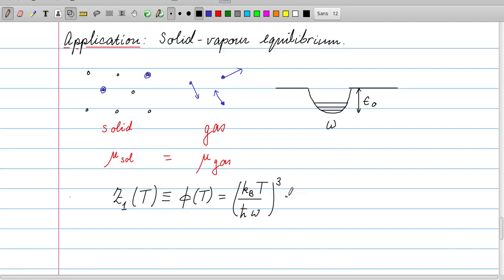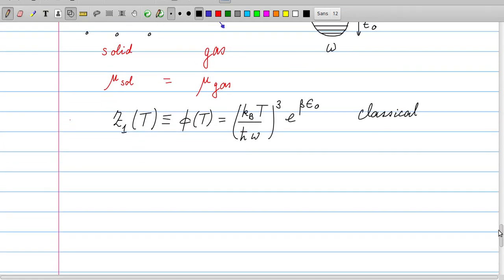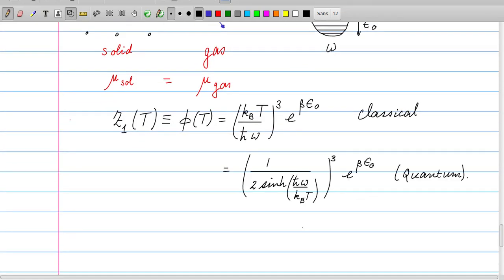And so we have an additional term, which is e to the power beta epsilon 0. So this is the classical result. And for the quantum case, we have an expression which involves a hyperbolic sine of h bar omega over k_B T.